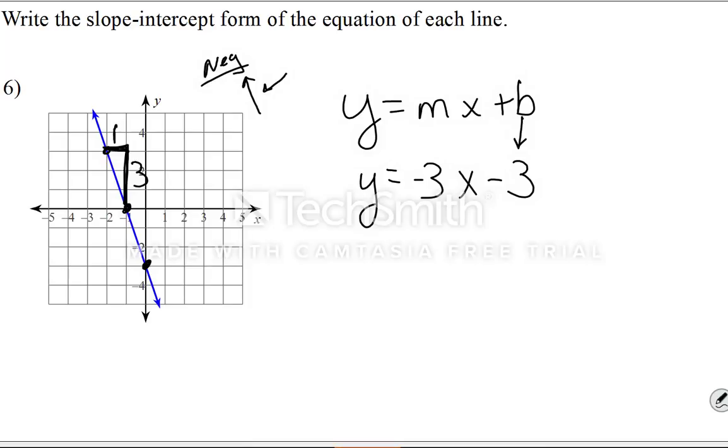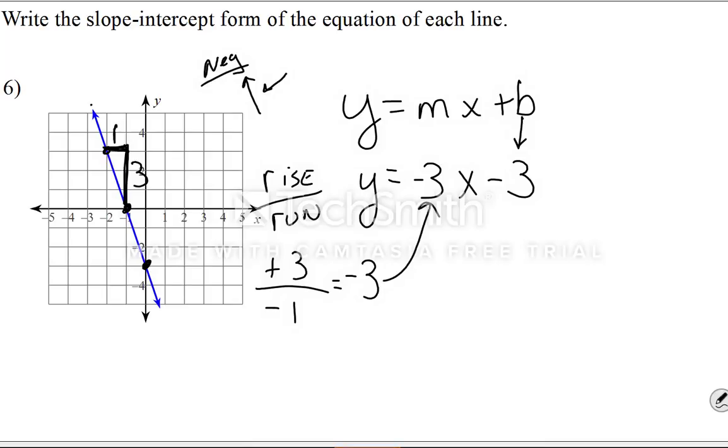Let's look at the second way. Rise over run. Okay, I'm going up 3, so I'm going up 3 over. I'm running 1, so I'm actually going backwards 1. So I'm running backwards, so that's a -1. Positive divided by negative is negative, and then 3 divided by 1 is 3, so that's why my slope is negative.